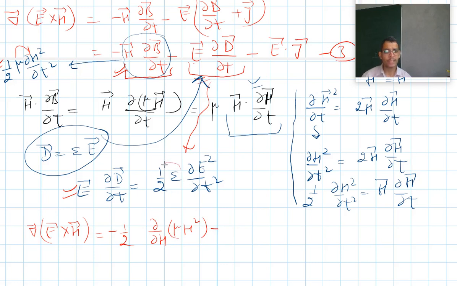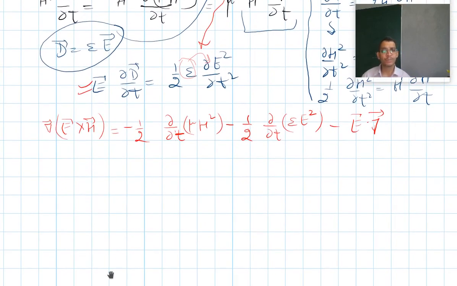Similarly, this can also be written inside it, so it is 1 by 2 curly over curly t, sorry, I made a little mistake here, it is curly over curly t epsilon E square, and minus E dot J. That's what we are getting here.